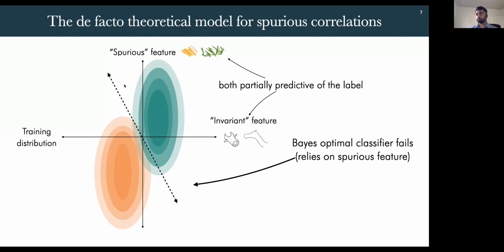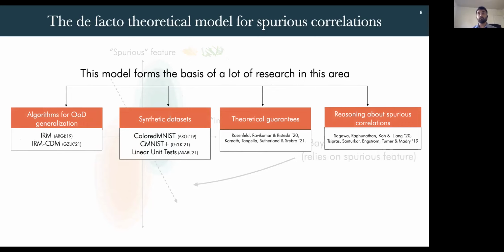And in my work, like I said, I want to critically analyze this sort of a theoretical setup. The reason we're interested in it is that this model has been very useful. It has been useful for deriving a lot of new insights. It has been used to derive new algorithms for out-of-distribution generalization, and new synthetic data sets to play around with this problem.